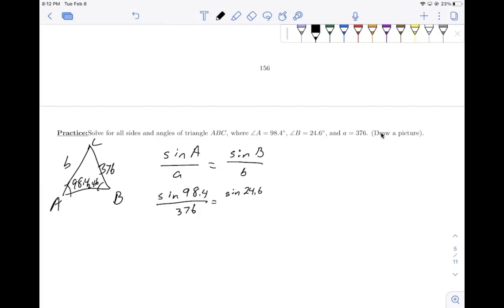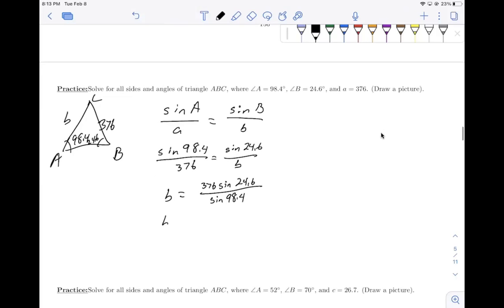Sine of 24.6 over side B, cross multiply. B equals 376 times the sine of 24.6 divided by sine of 98.4, which means that B is equal to, what's the wrong column there?